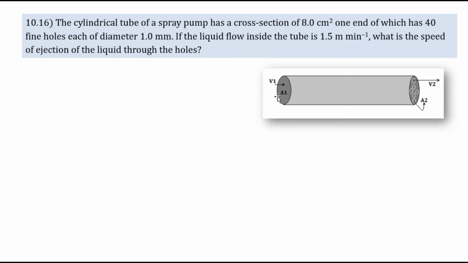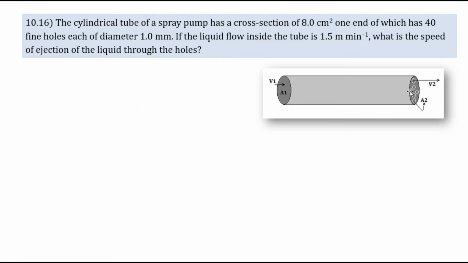For that, we are going to use the continuity equation, in which the product of velocity and area is always constant. Now what velocity is this? That means the velocity of water at this opening end.